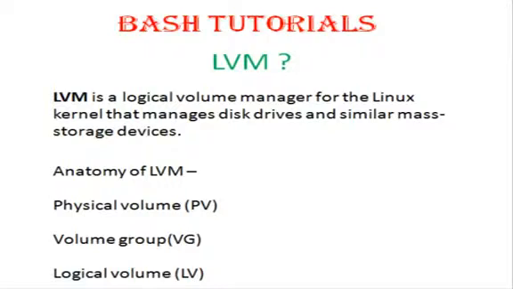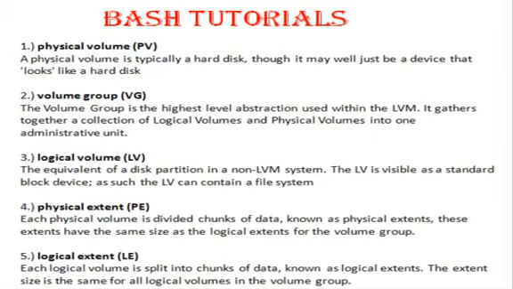There are also extents, which you can say are chunks of disk space: physical extent, PE, and logical extent, LE. We will be discussing the types of LVM, the mapping modes of LVM, and the snapshots of LVM in this tutorial.